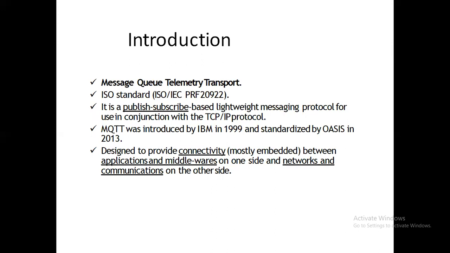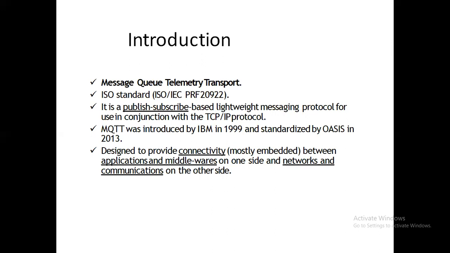Publish-subscribe is nothing but a publisher publishing a document or a file into the system, and the subscriber is able to view or access the data published by the publisher. It's a simple concept.